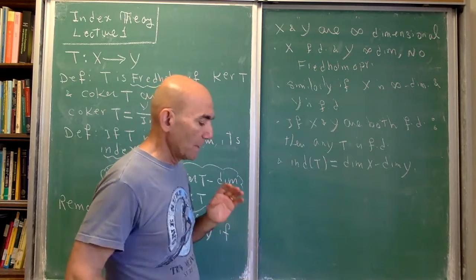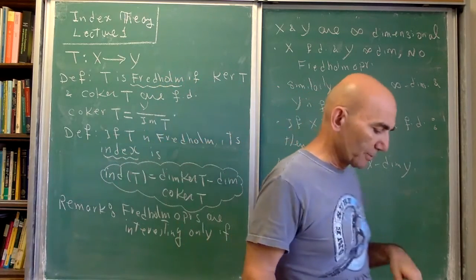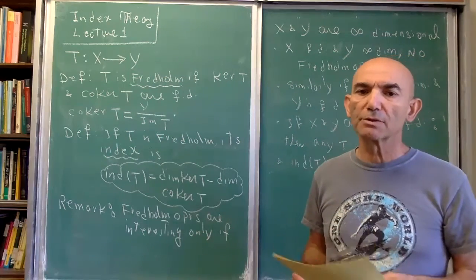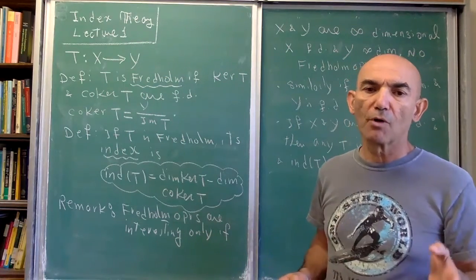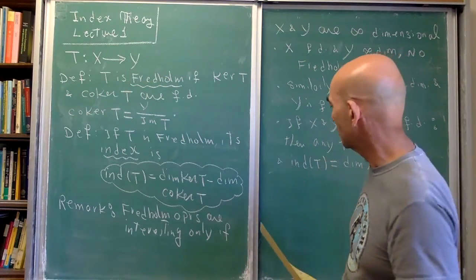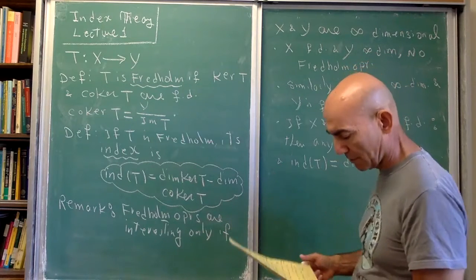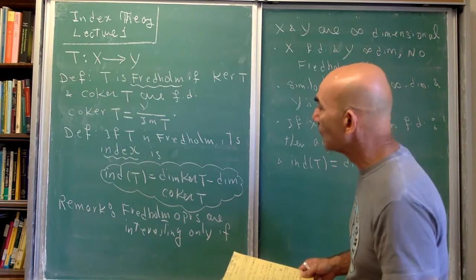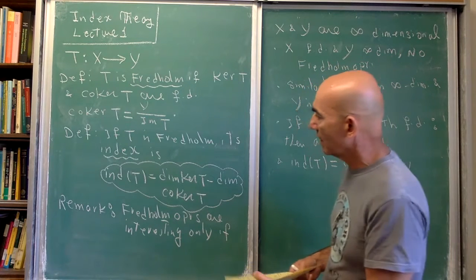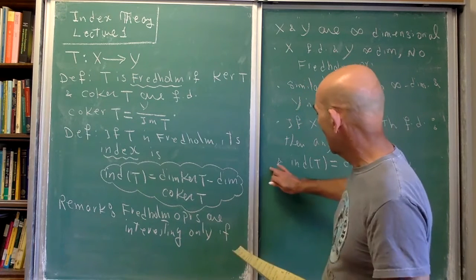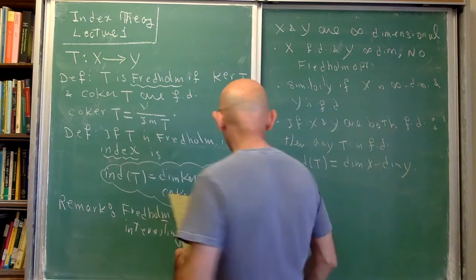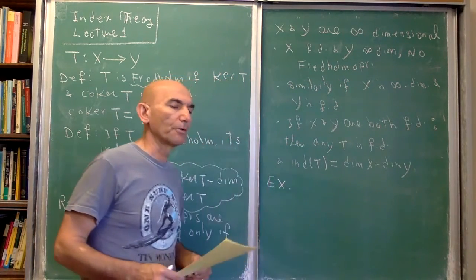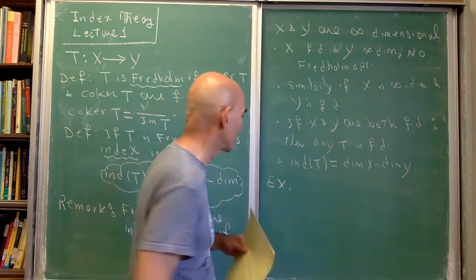Okay, so Fredholm operators and index theory is a purely infinite dimensional theory. So it's really interesting only if both X and Y are infinite dimensional. So that's something we have to keep in mind. Okay, so what is an example of this? The simplest example of a Fredholm operator, of course, is an invertible operator, right?